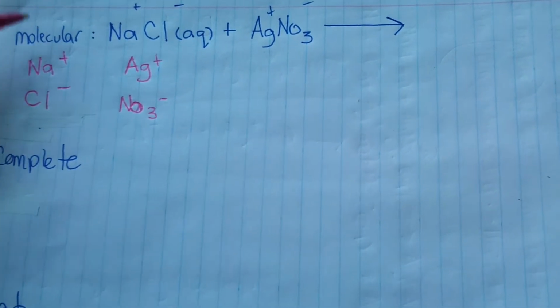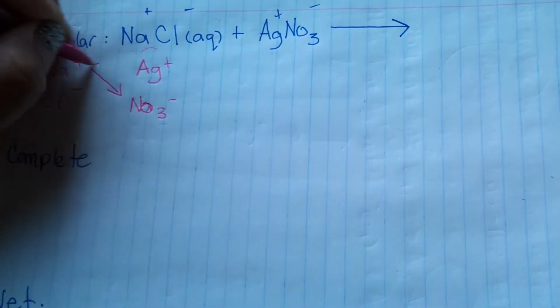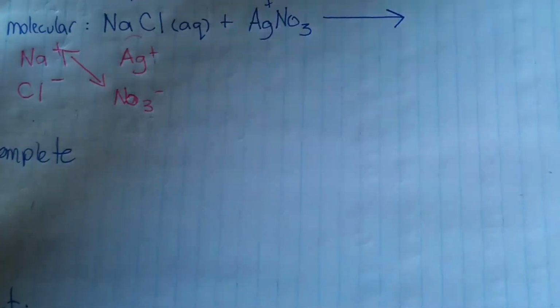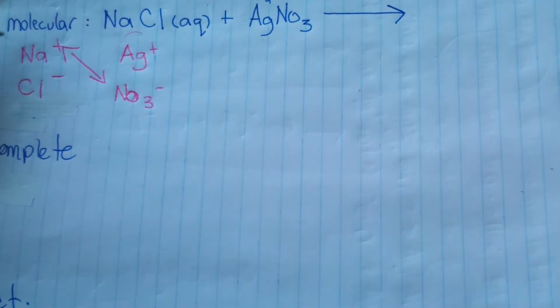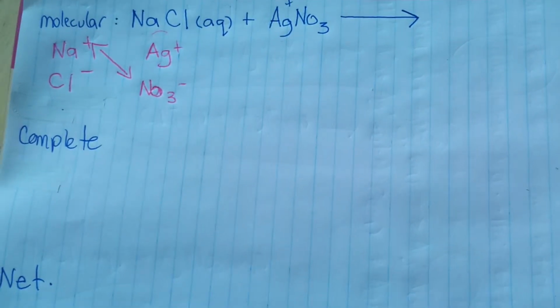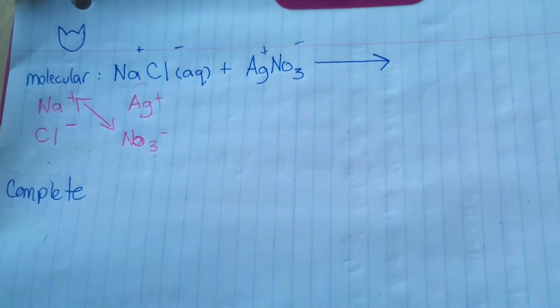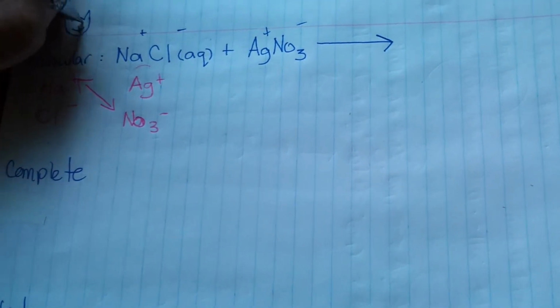So what we're going to do is mix this up. This is one, this is one. We're going to cross them. So we're going to have sodium nitrate. In these, the positive one always comes first. So the kitty comes first. The cation comes first. That's my cat.